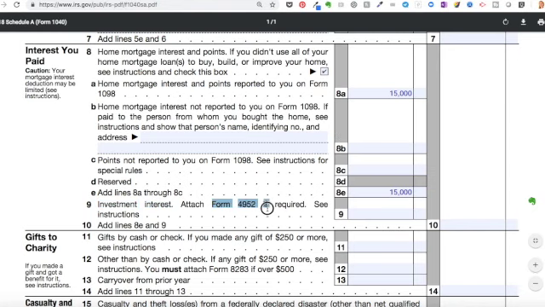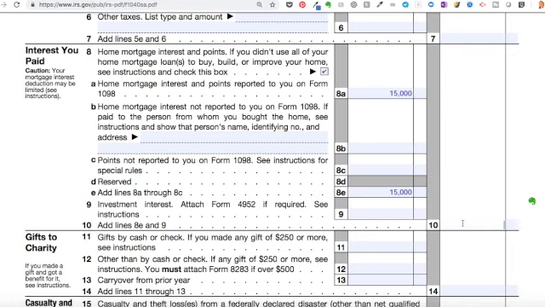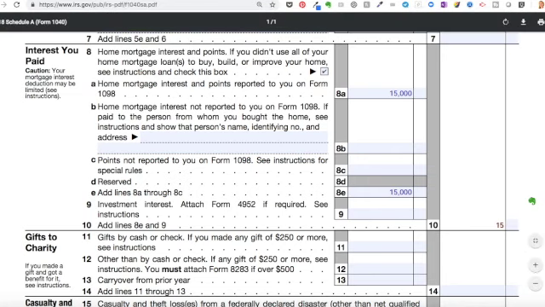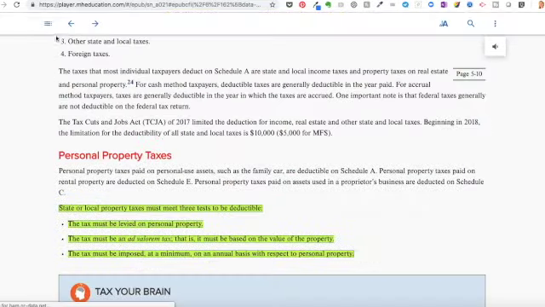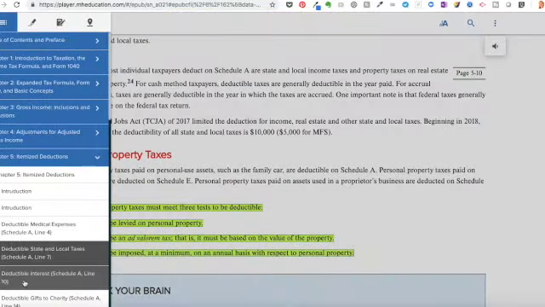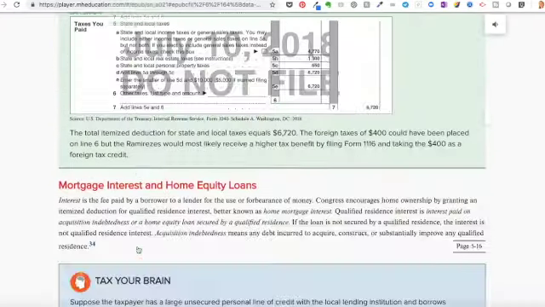And often you'll fill out Form 4952, which will have the amount that you list here attached. So then we get to add together 8E and 9, our mortgage interest and any investment interest.